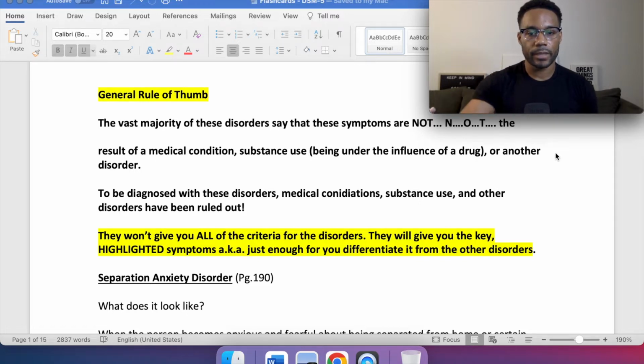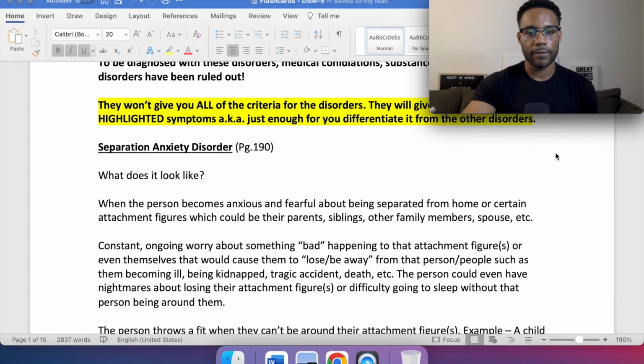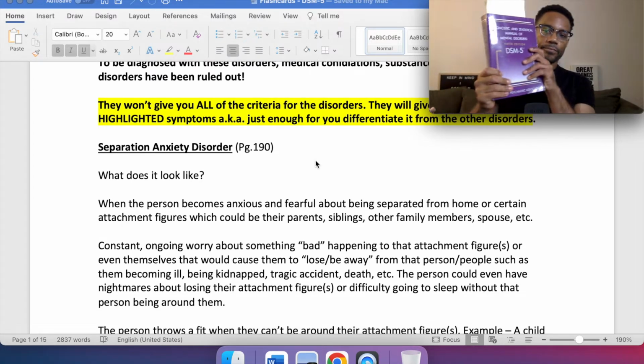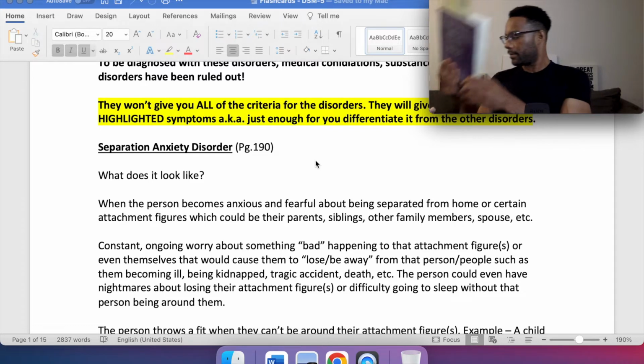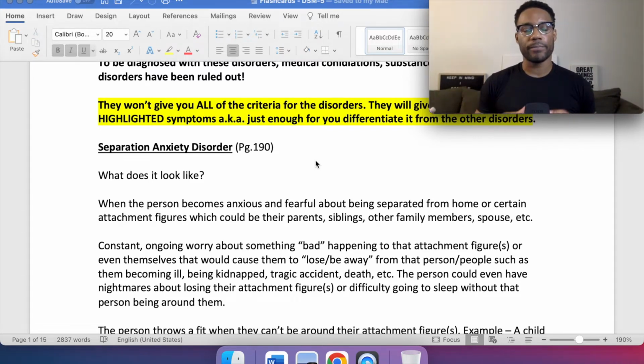So they will give you the key highlighted symptoms, just enough for you to differentiate it from the other disorders. And for this, I even put the page number for the DSM, the good old DSM, right here. If you want to go and check for yourself, maybe even add a little bit to it, but this right here is the main points that you'll need to really know for the exam.